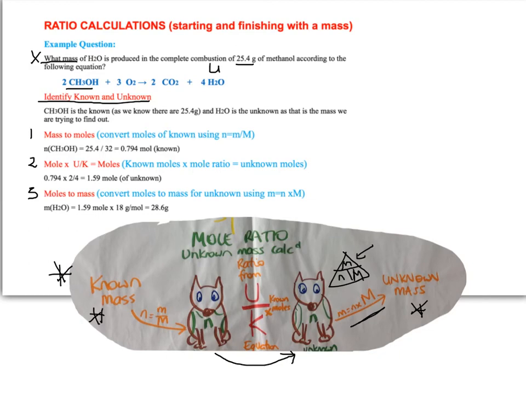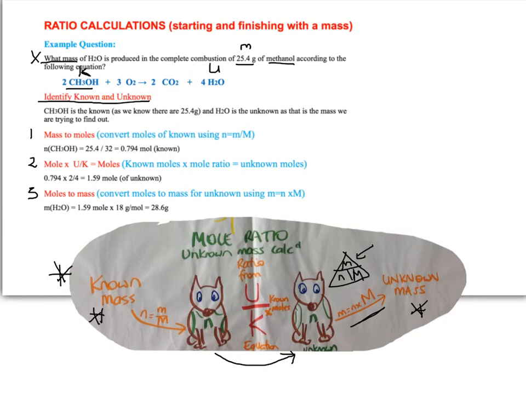And what is produced in the complete combustion, and they've given us a mass of methanol. So the thing that they've told us the amount of is our known, remember? So we can put a K above our known.